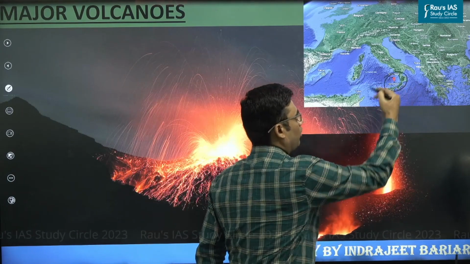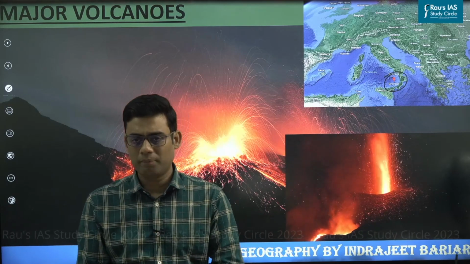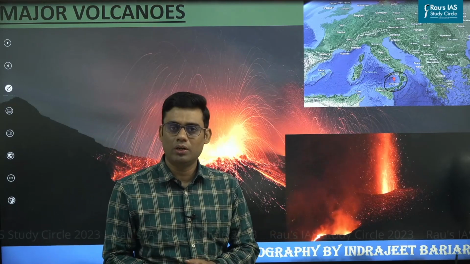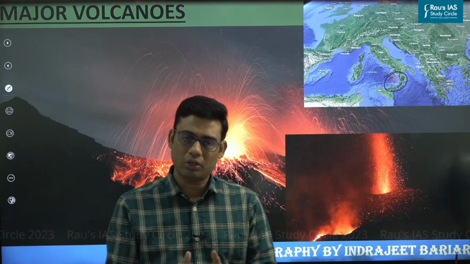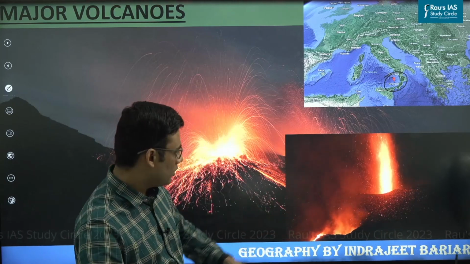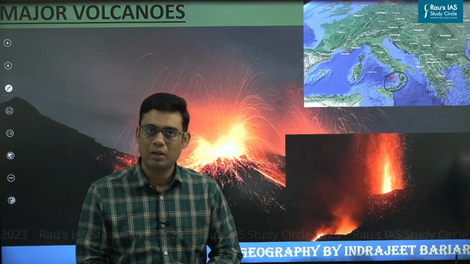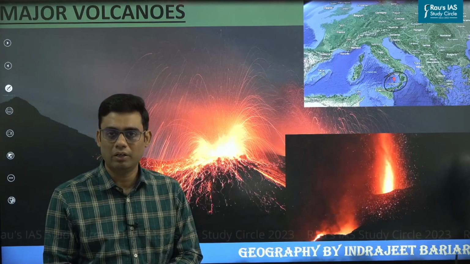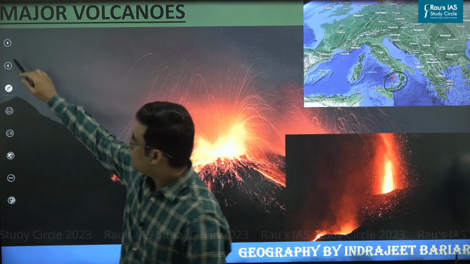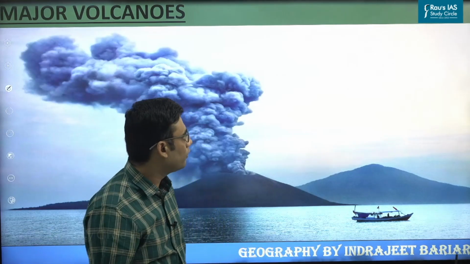And Mount Stromboli is called the lighthouse of the Mediterranean. In fact, Mount Stromboli is one of the most active volcanoes on the earth. It keeps erupting, and you can see the type of eruption due to which it is called the lighthouse of the Mediterranean.